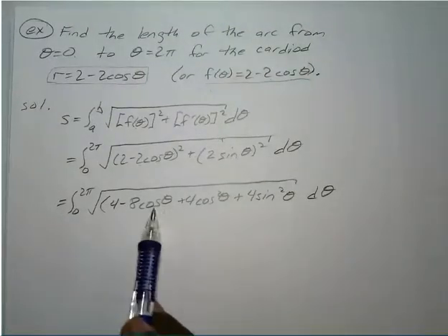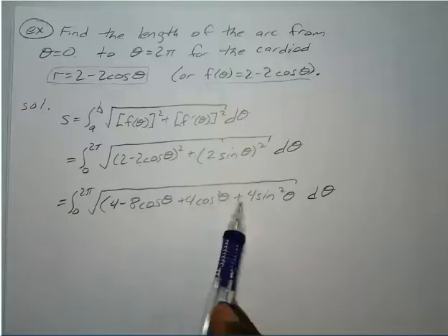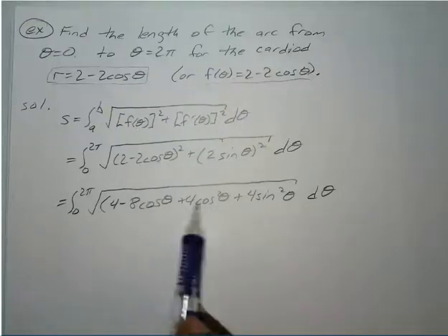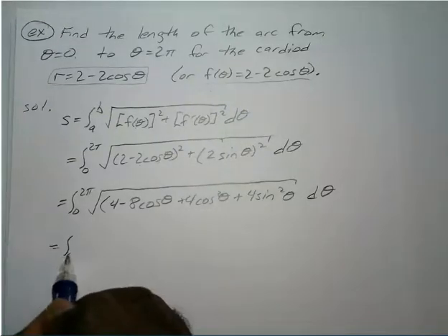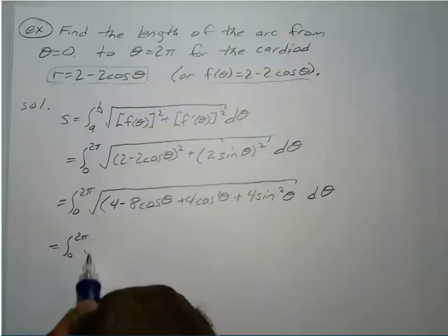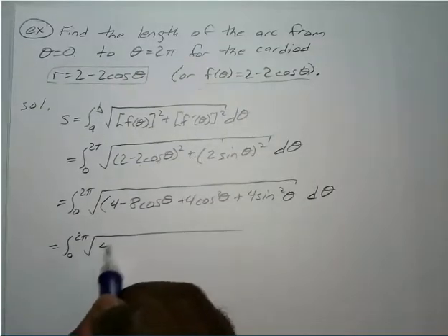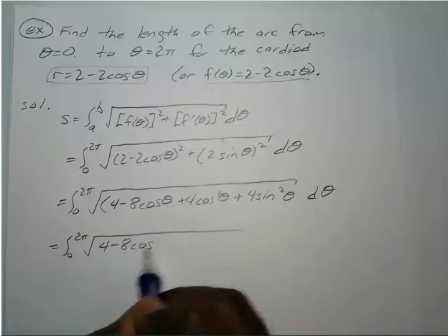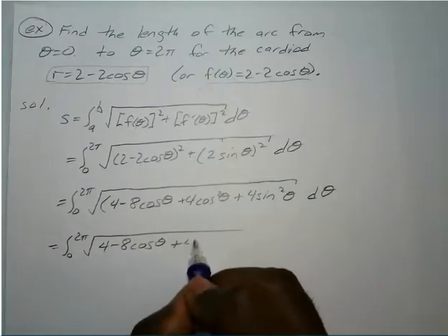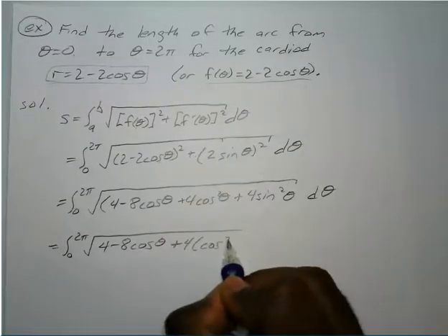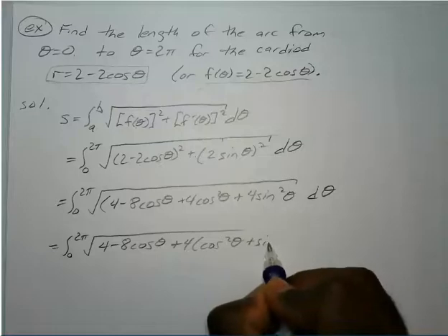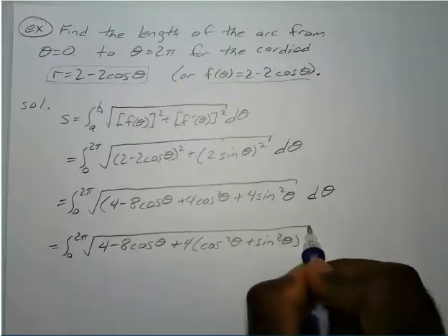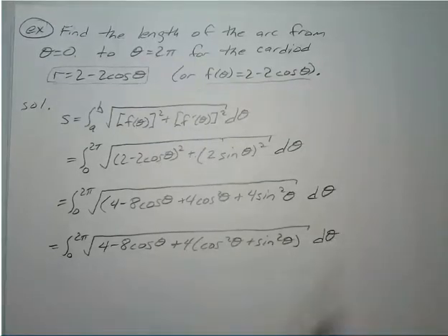Alright, so if we look at these two, we can factor out a 4. So we have the square root of 4 minus 8 cosine theta plus 4 times cosine squared theta plus sine squared theta with respect to theta.